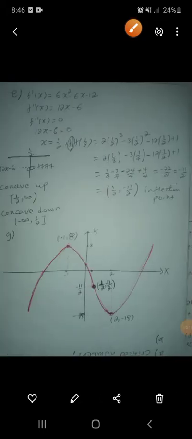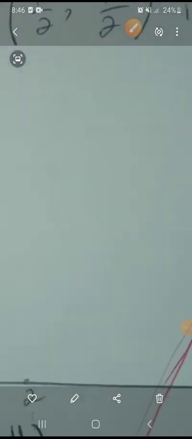An inflection point is a point at which the curve changes from concave upward to concave downward. If you have a graph just like this, where the graph is concave downward, then we will have an inflection point, concave upward, inflection point, concave downward, inflection point.